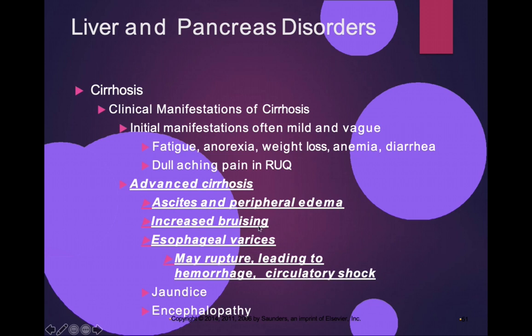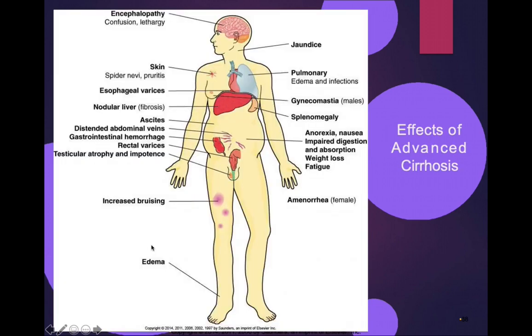You get increased bruising because of the lack of the clotting factors, the K and prothrombin. You get the esophageal varices. Very, very dangerous. Those can rupture. They lead to hemorrhage, and they can lead to circulatory shock. And then you can get jaundice. You can get that itchiness as well, that pruritus.